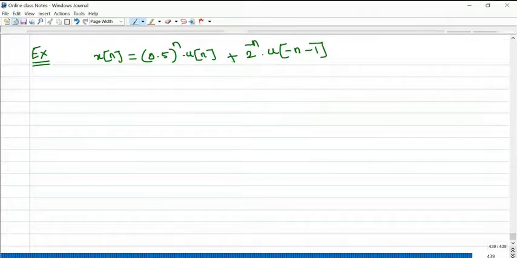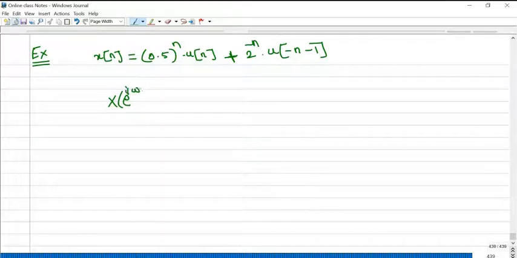So you may expect the problem in your semester and mid exams at this level only. So far we discussed very simple programs, right? Just fundamental formulas and all. Now find DTFT of 0.5 power n u of n plus 2 power minus n u of minus n minus 1. So let us start solving this problem.